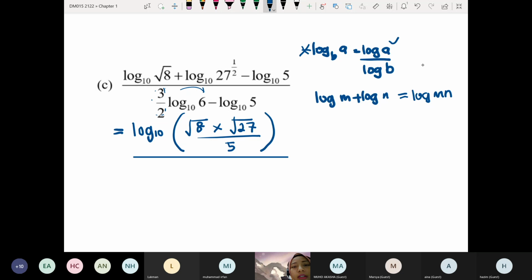Okay, so it becomes log base 10 of 6 to the power of 3 over 2, over 5. So over 5 dengan over 5 boleh. Okay, sekejap, jangan cancel dulu.